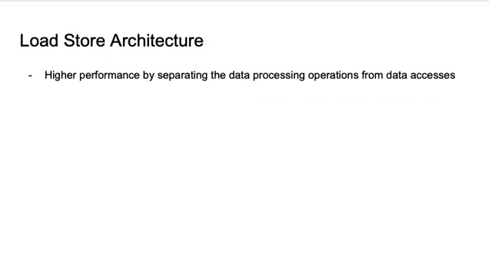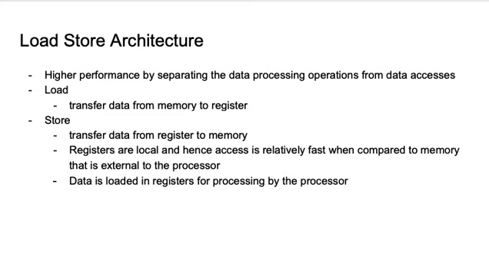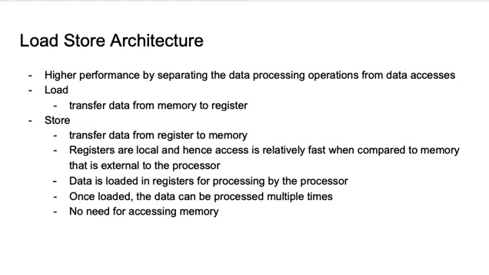The fourth design rule is load and store architecture. In a load and store architecture, the data processing operations are separated from the data access. The data needs to be accessed from memory and loaded in the registers so that the CPU can process the information.